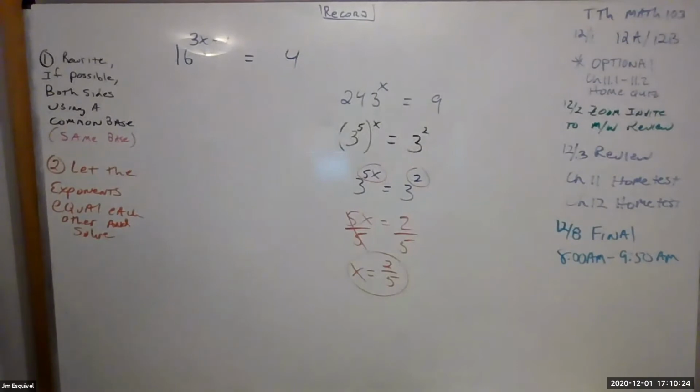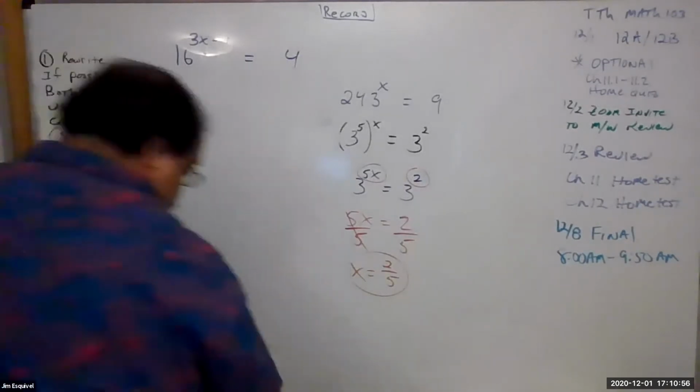So we want a common base. 16 and 4 are both powers of what? 2. 2 would work, but you can actually go with a nicer number. 4? Yeah. They're actually both powers of 4, which means you have a smaller exponent to use.